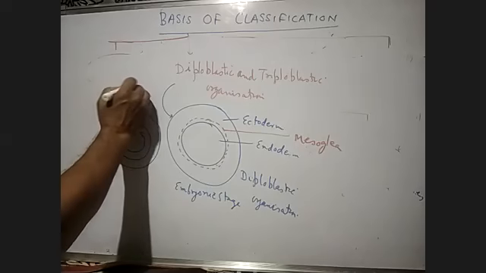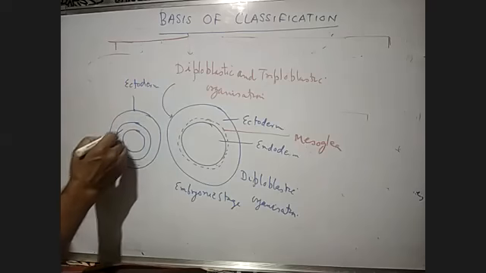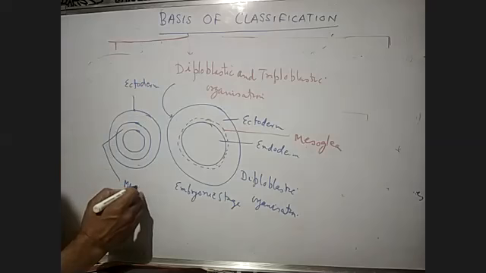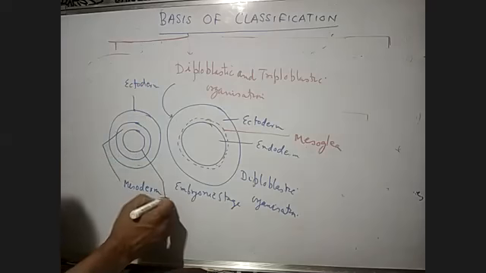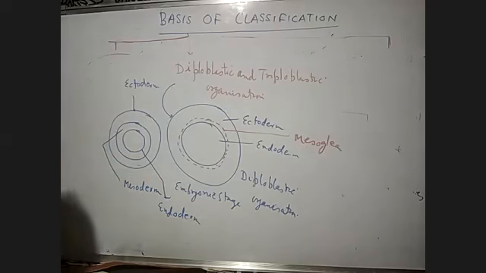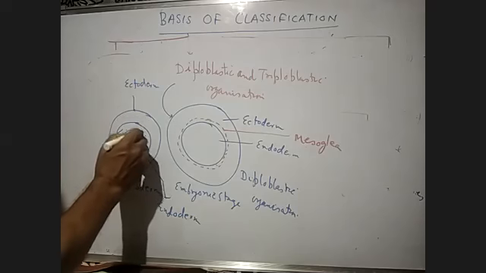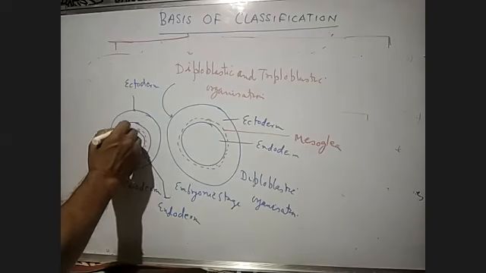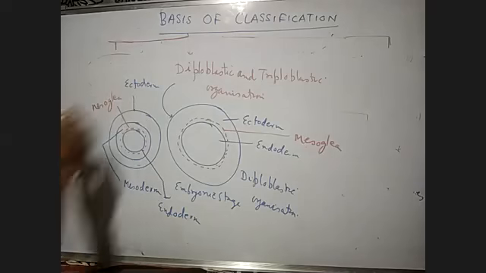This is the ectoderm, and this is the mesoderm, and this is the endoderm, and here the mesoglea.